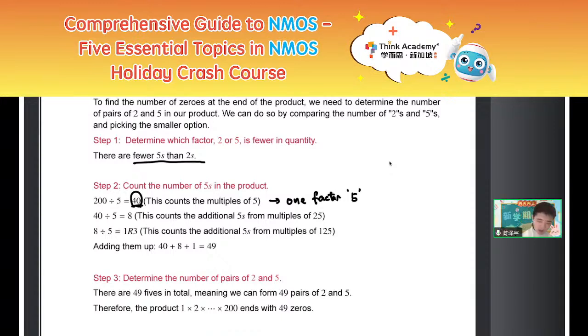But then why are we doing all of these? Guys, think about a special case, 25. What is the prime factorization of 25?